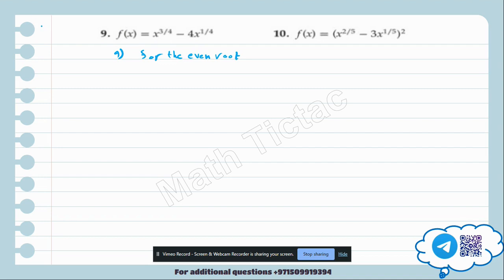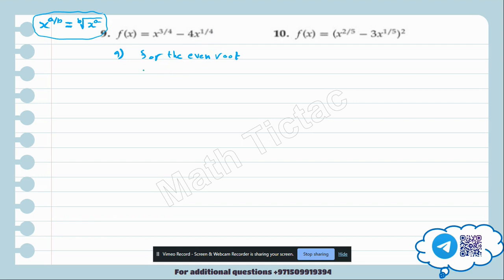Now there is a rule which is saying that if we have x to the power a over b, this is going to be equal to the root, and the index of the root is the number in the denominator, which is b over here, and for a it will be just a power. So we can convert this from this form to this form. So in here, if we would like to write this as root, it will be the fourth root, and for this it will be also the fourth root, which means it's even.